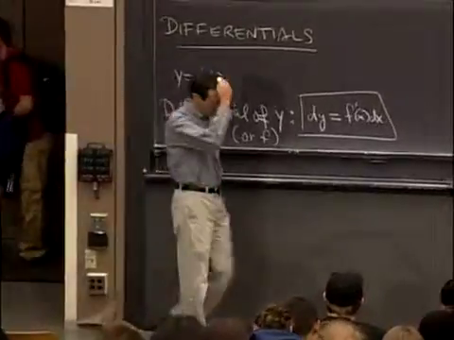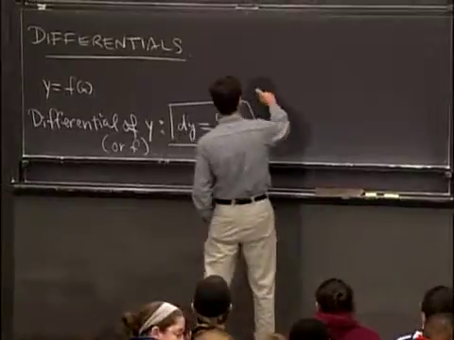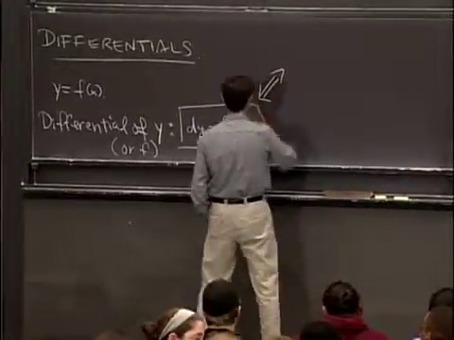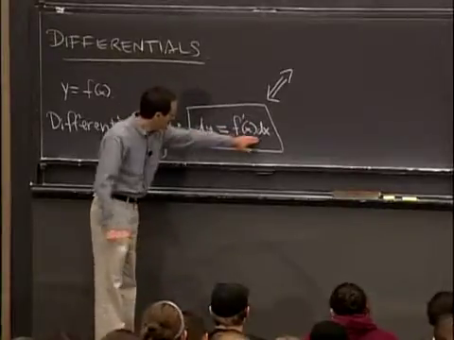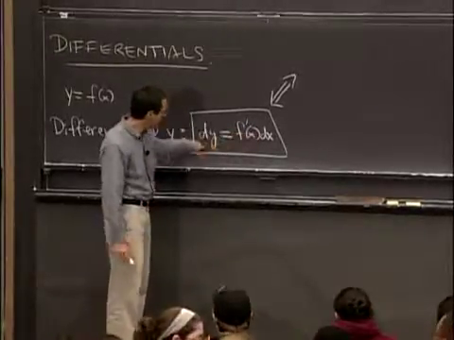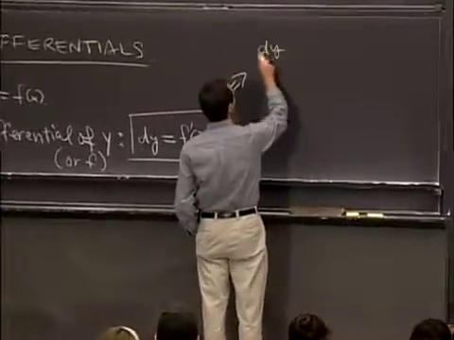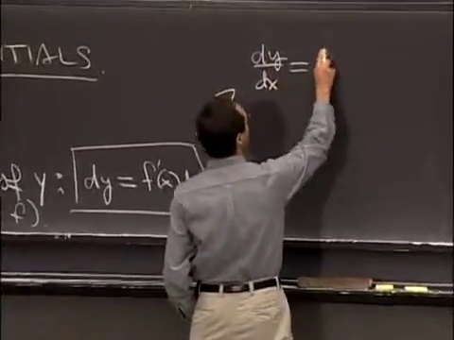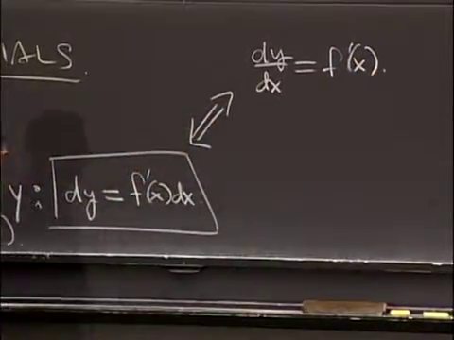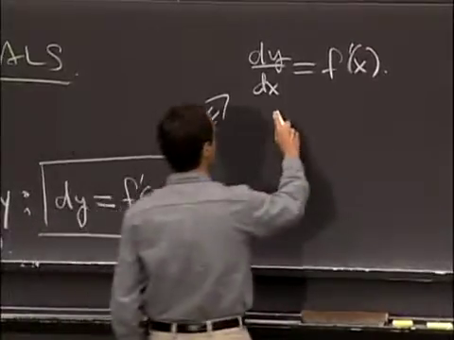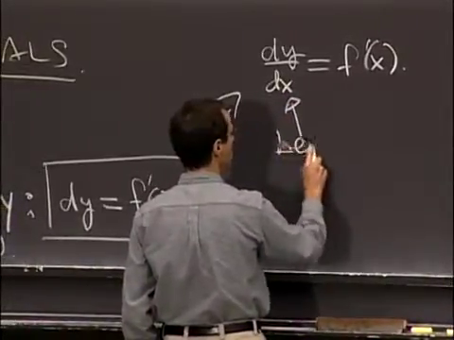Well, that's the notation, and it's the same thing as what happens if you formally just take this dx, act like it's a number, and divide it into dy. So it means the same thing as this statement here. And this is more or less the Leibniz interpretation of derivatives.